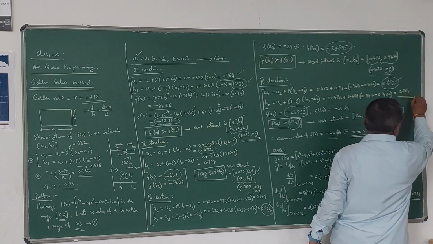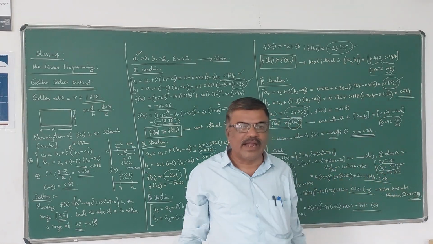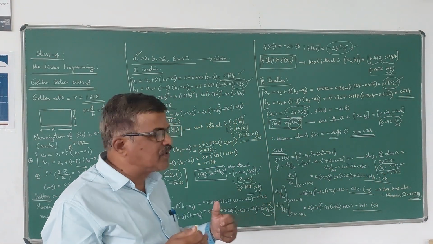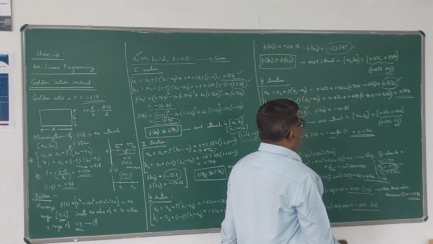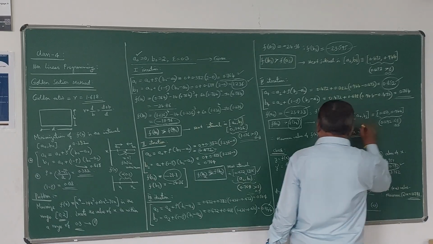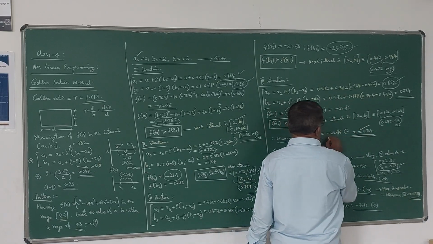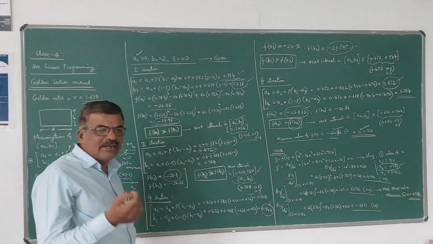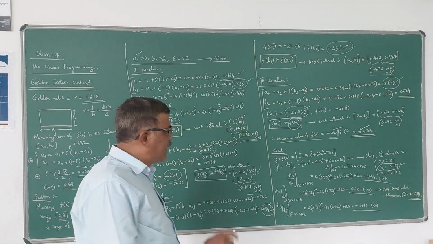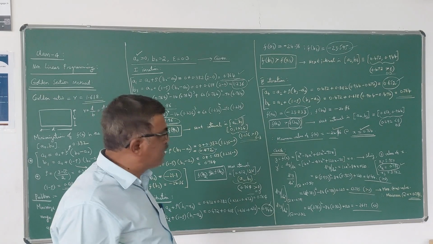That means it is converging. The range has been reduced to a single point, that is 0.764. So at x equal to 0.764, you are getting the minimum value of that function, which is equal to minus 24.86. Slight variation in decimals you may get when you are calculating using a calculator, no problem.